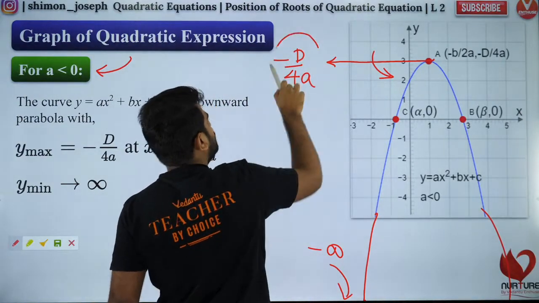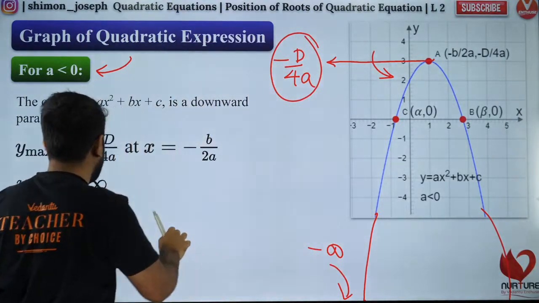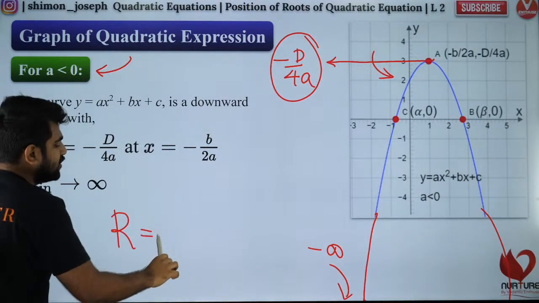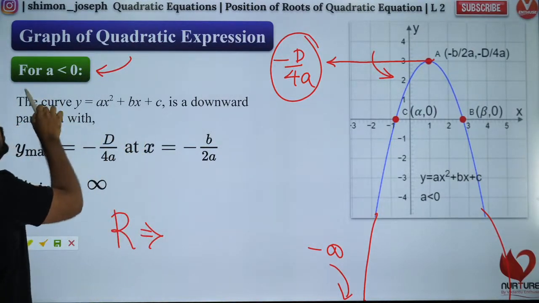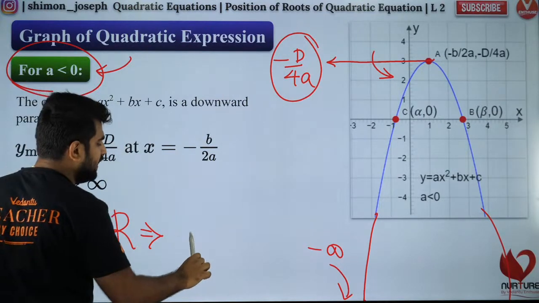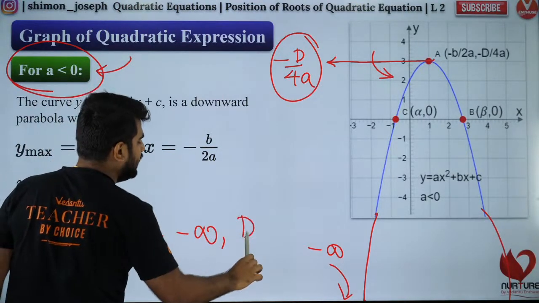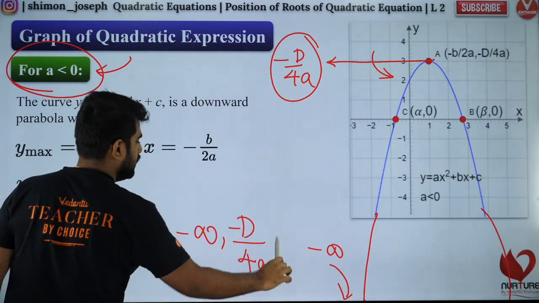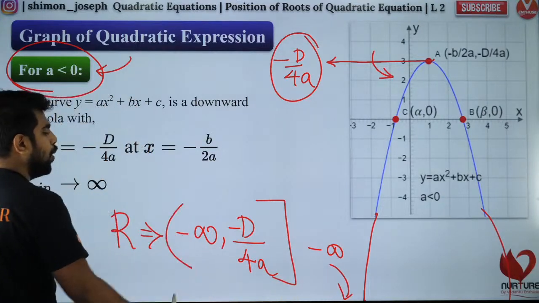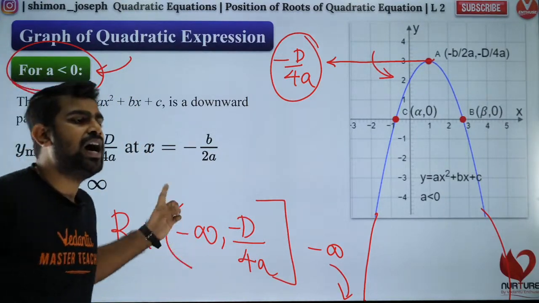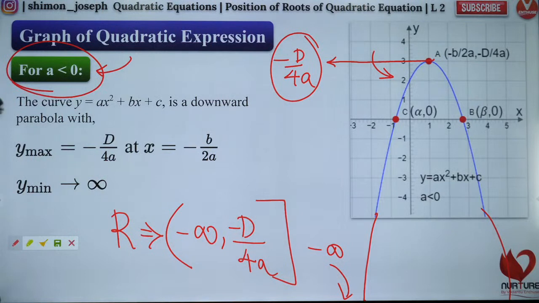This is the highest value. This is the lowest value. So the range of a quadratic whose A is negative will be minus infinity comma minus D by 4A. This will be closed. This will be open. Did you all like this? Are you all clear with it?